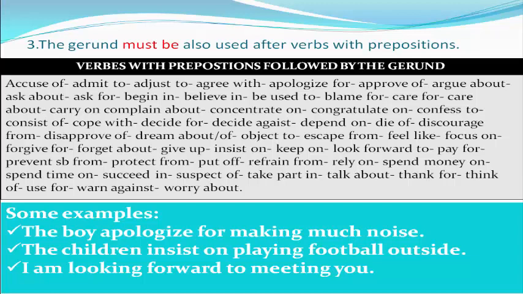As we said here, we have some examples. We have the boy. The boy apologizes. I forgot the S here. Apologizes for making much noise. Making is conjugated in the gerund form, and apologize for is a verb with preposition, as we have here in the list.